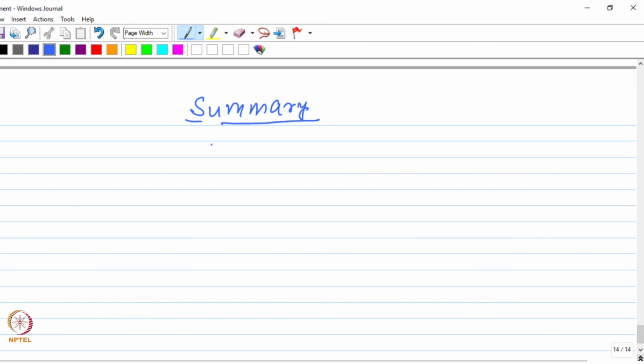So to summarize, we can say that there are two types of nucleation: homogeneous and heterogeneous.